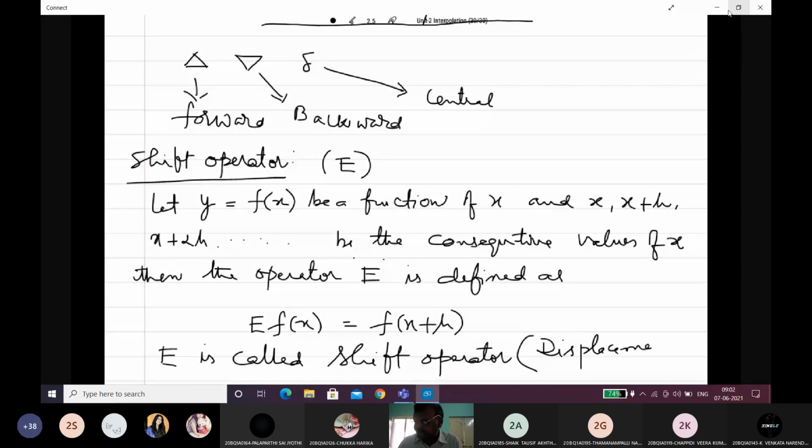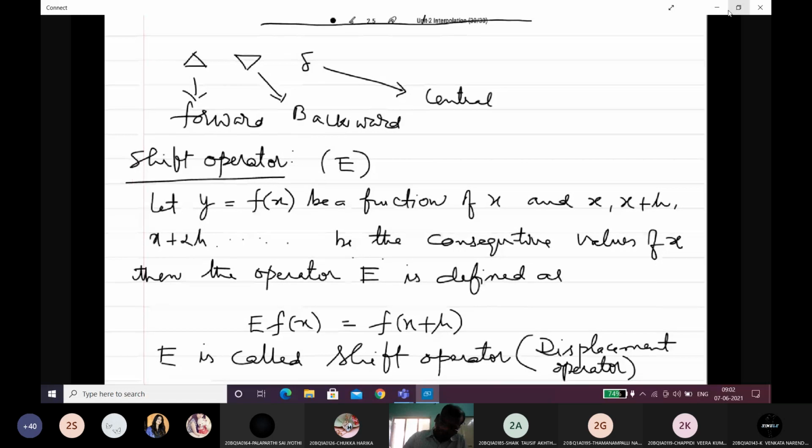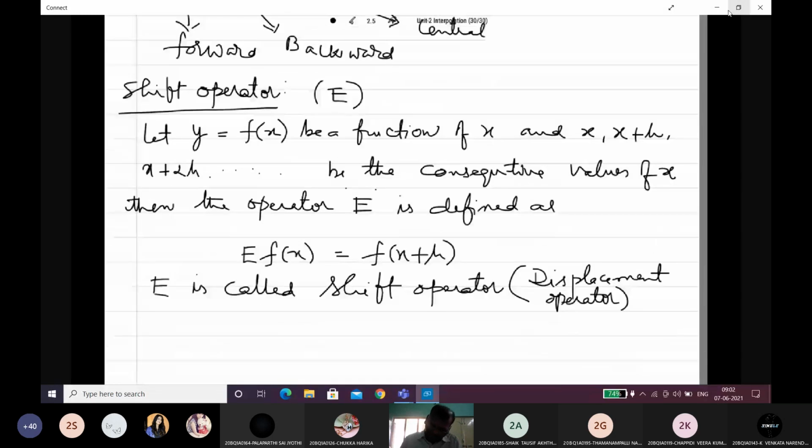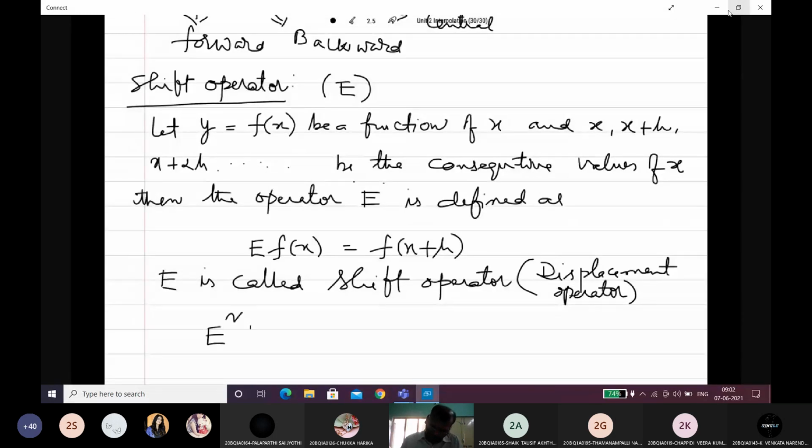Suppose when you need to find E square of f of x, order 2, that is equal to f of x plus 2h.